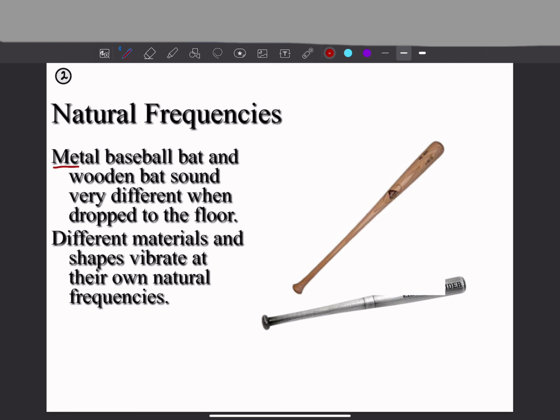Like suppose if you have a metal baseball and a wooden bat, the sound will be different when you will drop these two on the floor. So each one has its own frequency, and this will be the natural frequency of this body, or of course in this case natural frequencies of these bodies.